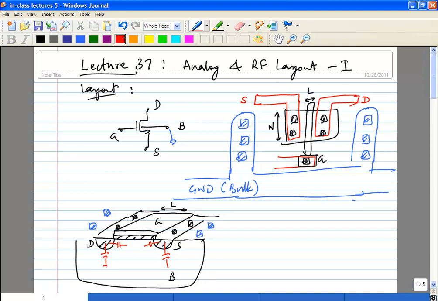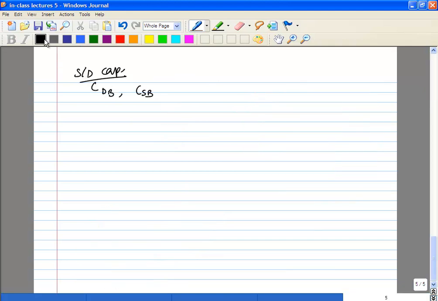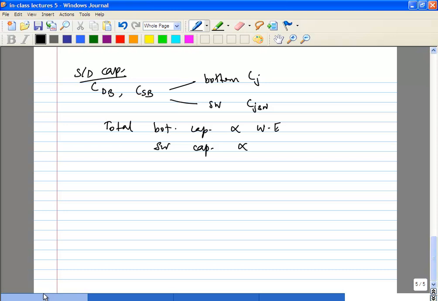If you look at the drain bulk capacitance, what does it depend on? Obviously it depends on the area, so it depends on this E. It depends on the bottom area, so on E and on the width of each finger, W. How about the sidewall capacitance?